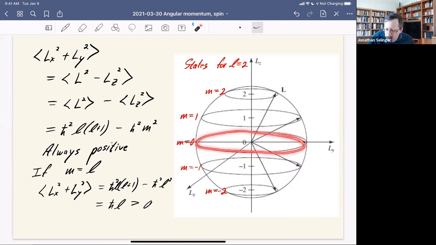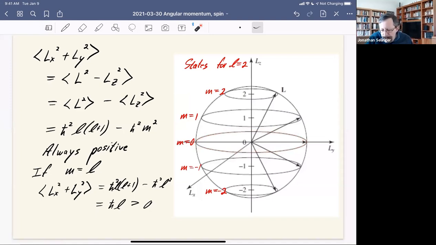This circle indicates that there's a definite value of Lz. The whole circle is at Lz equals 0, nowhere else. But the circle encompasses a range of possible observable values of Lx and Ly. Lz has to be 0, but Lx and Ly can be anything around this circle.